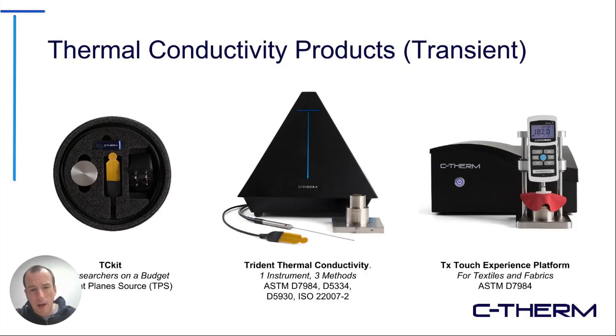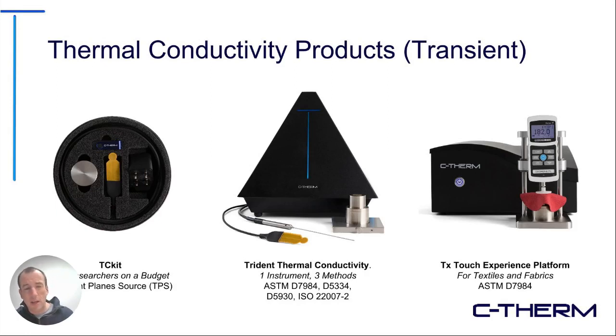At the left, you see a product called the Thermal Conductivity Kit. This is a very low-cost product offering. It's really oriented more around academic researchers, so folks that are perhaps limited budget, but looking to generate some thermal conductivity of solid materials or pastes or powders, and are really limited with a tight budget.